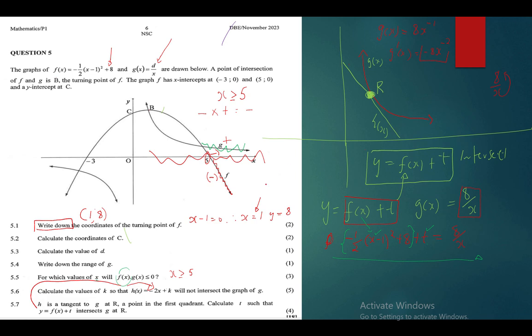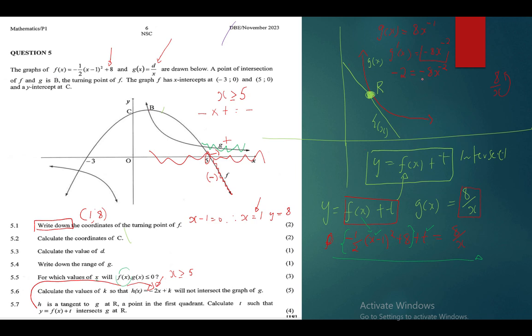And we know that when h and g intersect, they have the same gradient. We can tell from h that the gradient is negative 2. So you say g prime of x equals negative 2. This is a very tricky question. Then you start solving for x.